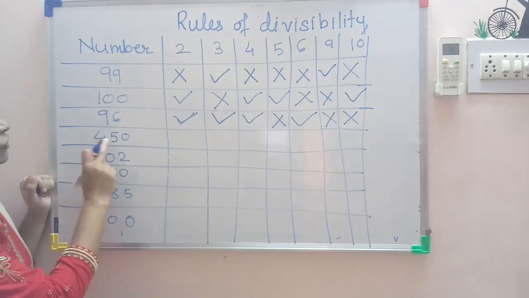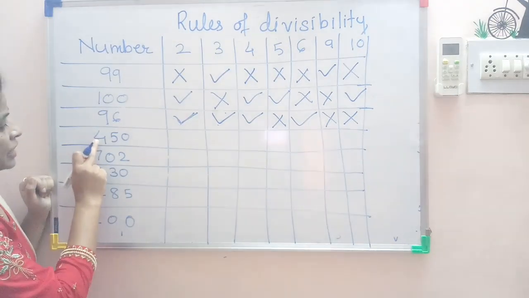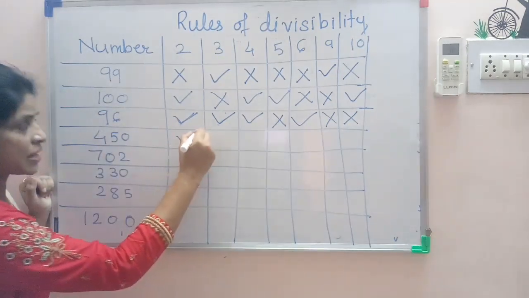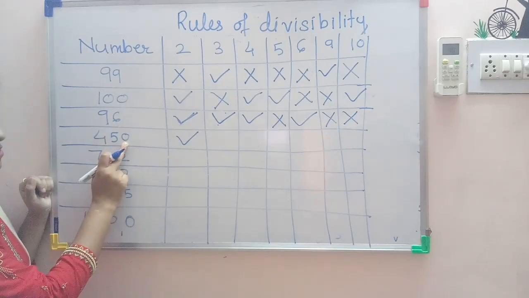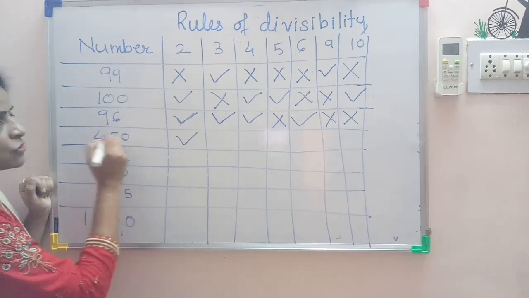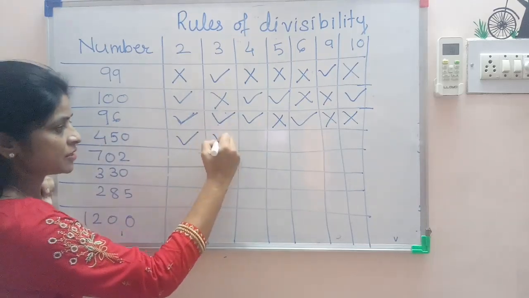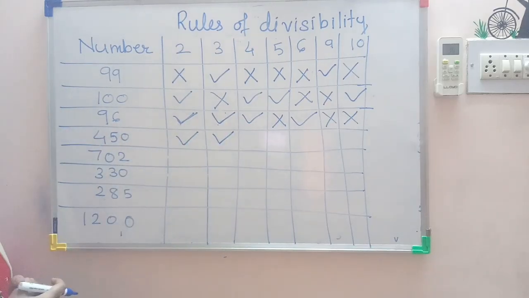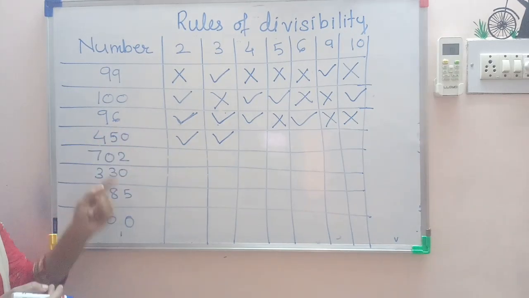Now let's see the number 450. It is divisible by 2 because it ends in 0. Next, 4 plus 5 plus 0 is 9. 9 is divisible by 3, so the given number is divisible by 3. The last two digits should be divisible by 4.